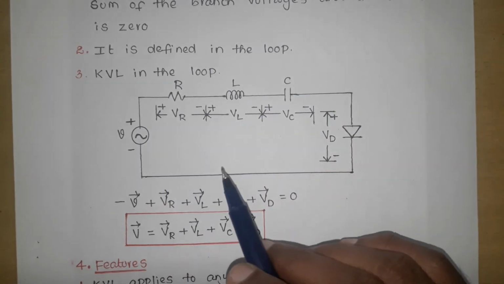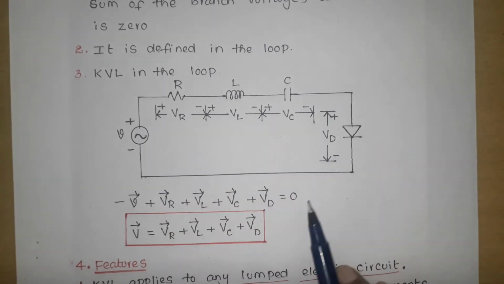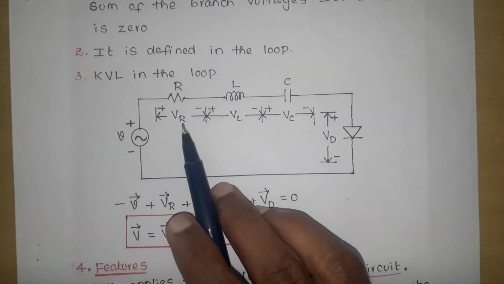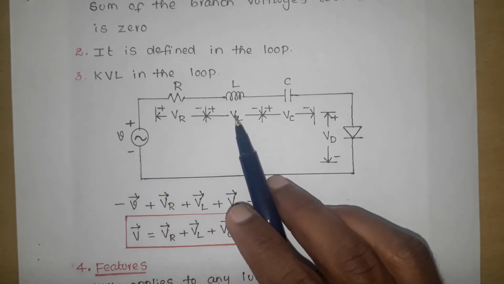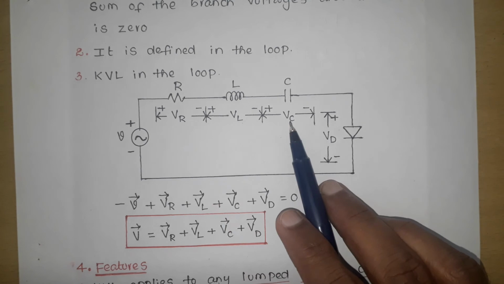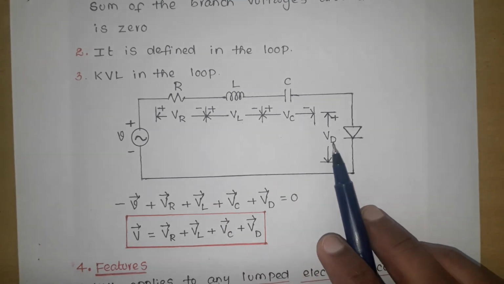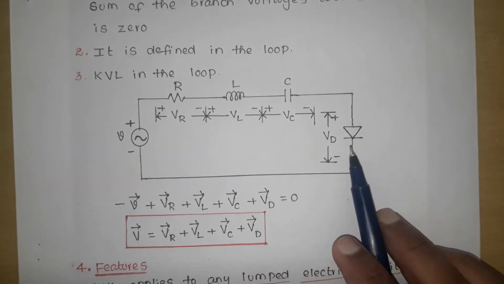Here we can apply KVL for this loop. V is the source voltage, VR is the voltage across the resistor, VL is the voltage across the inductor, VC is the voltage across the capacitor, and VD is the voltage across the diode.